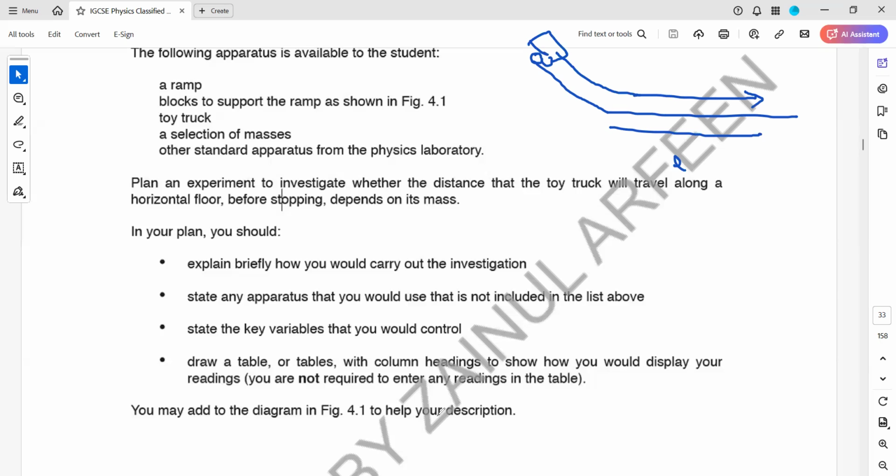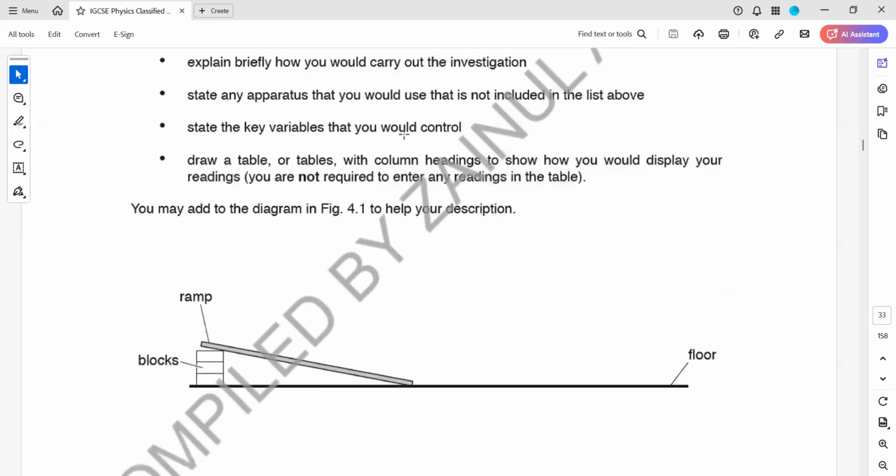So instead of mentioning the speed, what will you do, how do you carry out this investigation?